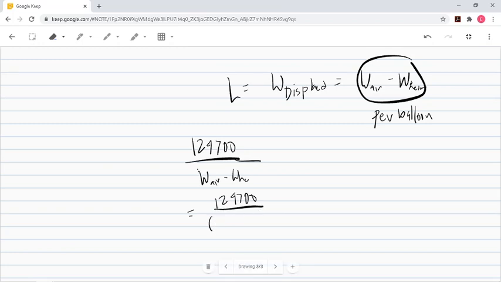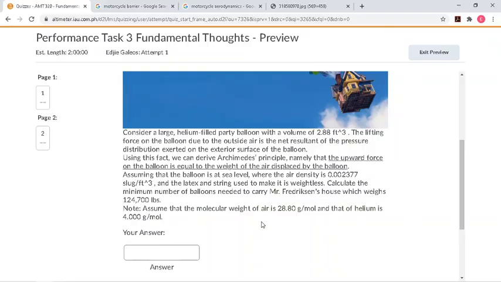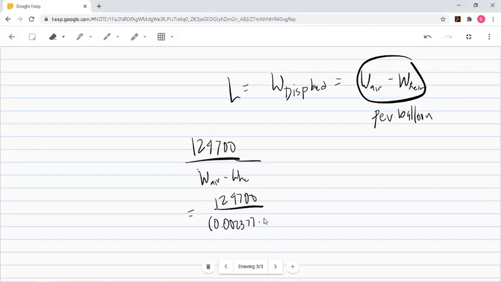density of air, that's 0.002377 times volume. The given volume is 2.88, so that's lb per cubic feet times 2.88 cubic feet times taas yun eh.